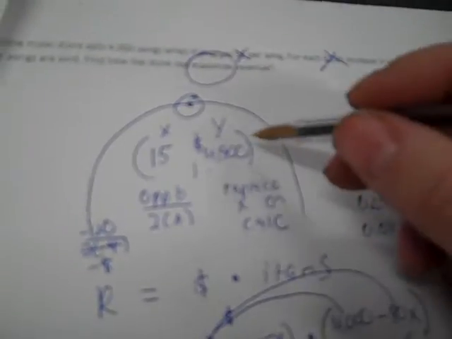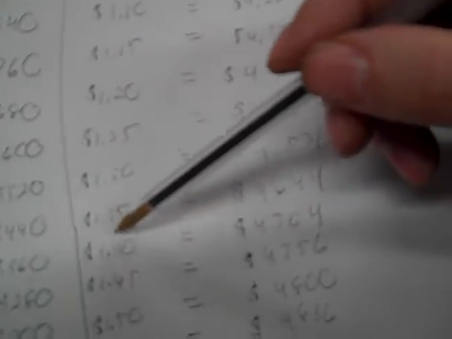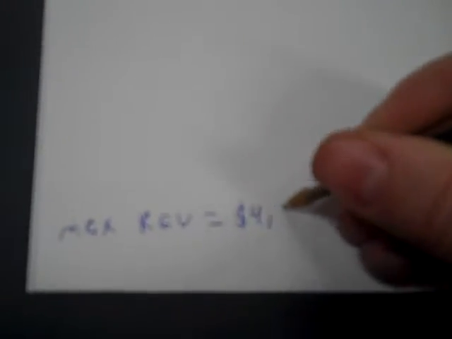The y is your money, okay? And the 15 is the number of price increases, okay? So, just put increases. Because that's how many times I did it. I increased it once, twice, 3, 4, 5, 6, 7, 8, 9, 10, 11, 12, 13, 14, 15. So 15 price increases. And my maximum revenue is 4,900.